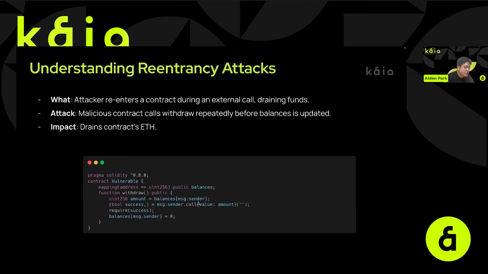The call function here is executed, but it re-enters this withdraw function, and it keeps repeating, executing this transfer call function until draining all the funds. So this is the reentrancy attack.